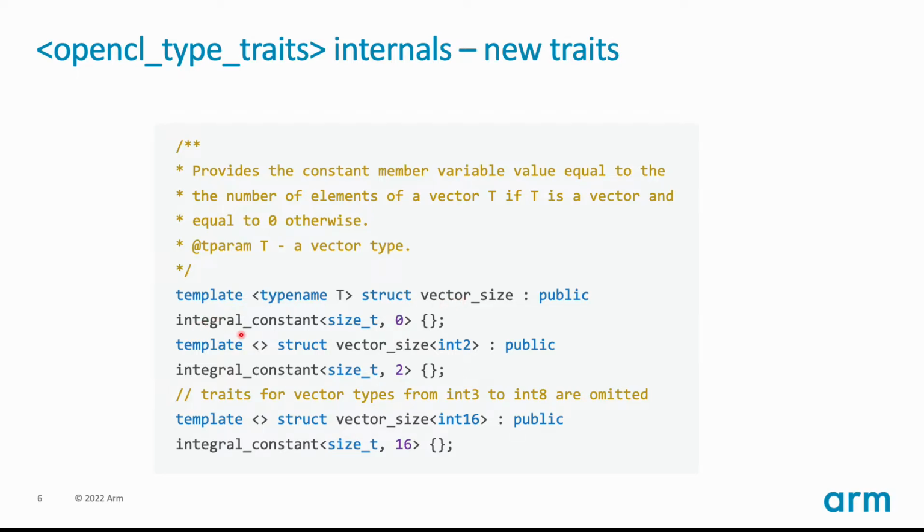We use the integral_constant type trait from C++ to implement it, and as you can see in the definition of this new template, we use value 0 to pass to the integral_constant template. And in all the specializations that we provide for a concrete vector with a fixed size, we will just pass the size of the vector as the second template parameter.